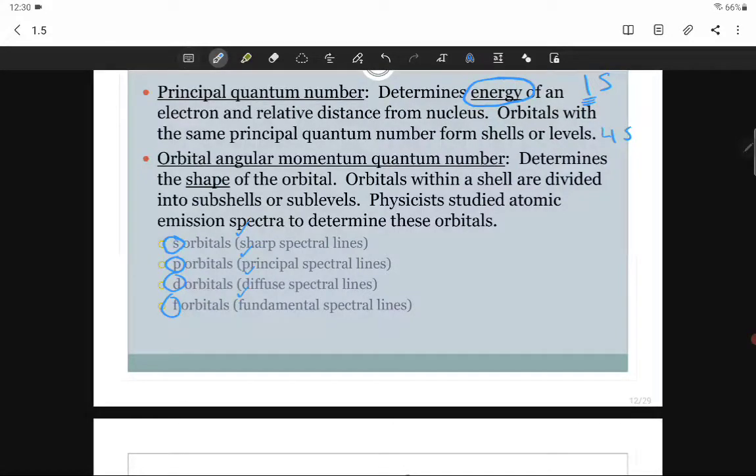I don't know who named those, but they looked at actual data, and someone said to someone else, hey, that looks like sharp, that looks like principal, that looks diffuse. And those names or those letters stuck. But for us, S, P, D, and F.